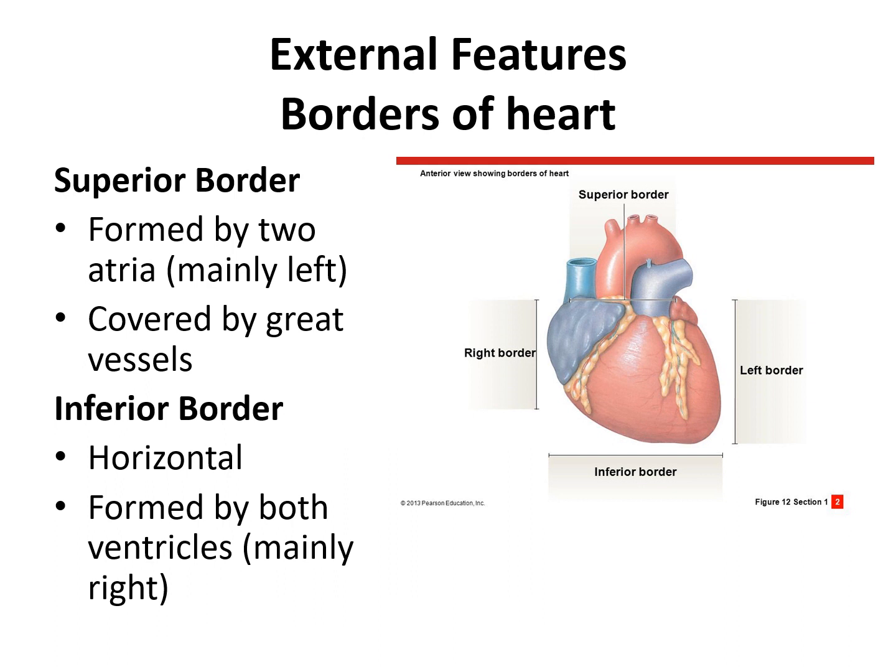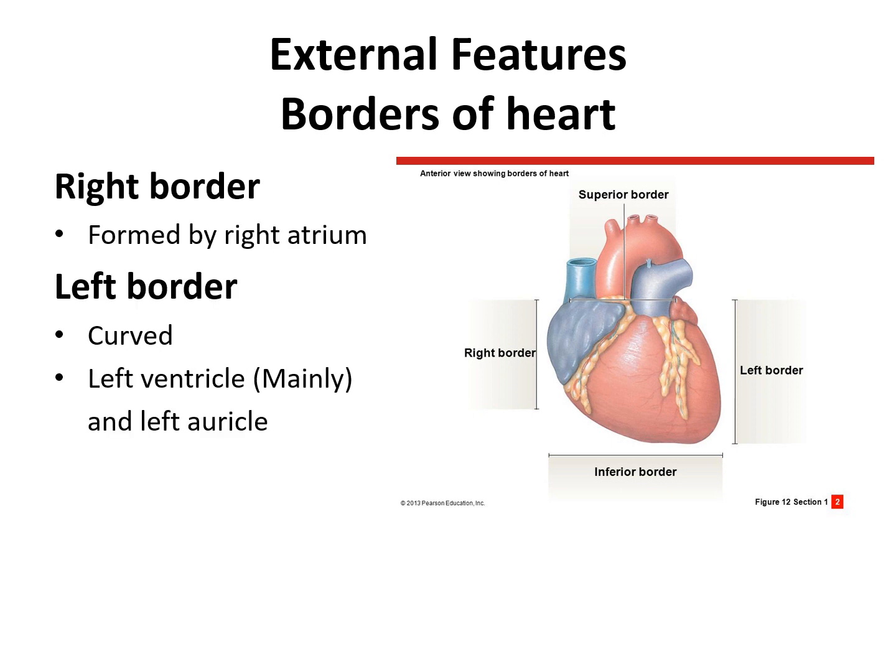There are 4 borders of the heart, as we can see in this picture. The superior border, which lies hidden behind the great vessels, is generally formed by the 2 atria, mainly by the left atrium, while the inferior border, which is almost horizontal, is formed by both the right and the left ventricles.